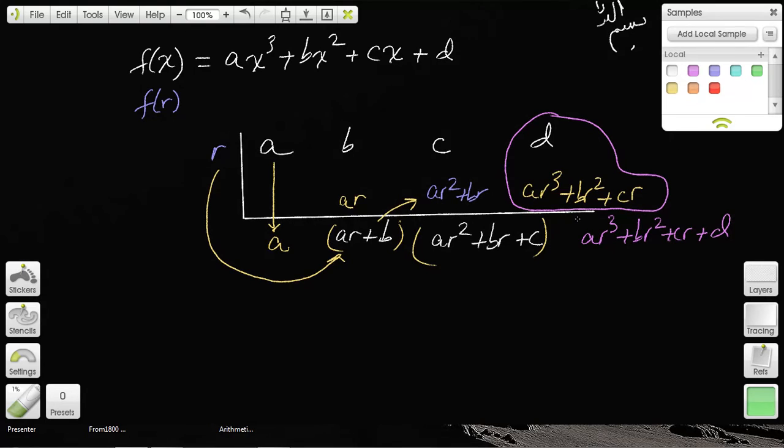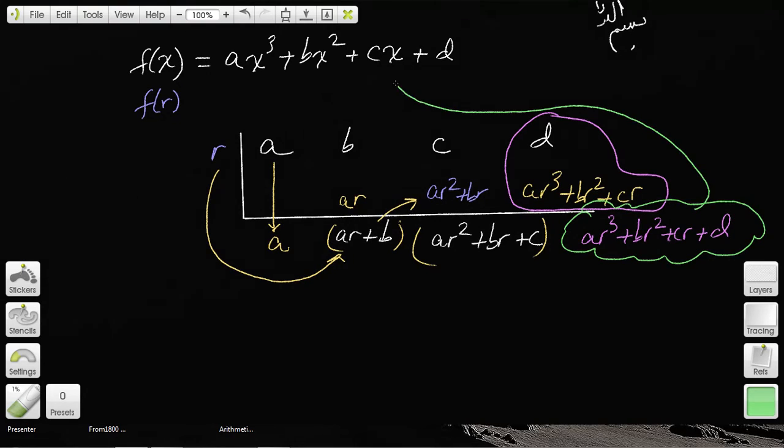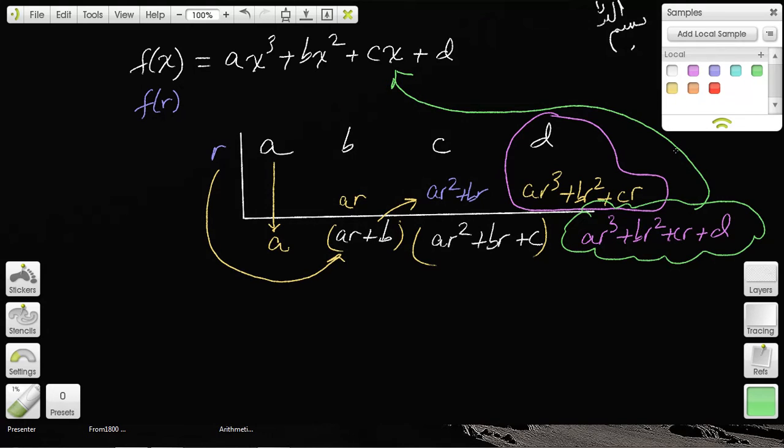And if you see, that's identical to the function if I were to substitute r in there. So f of r would be ar cubed plus br squared plus cr plus d. So that's basically how synthetic substitution works.